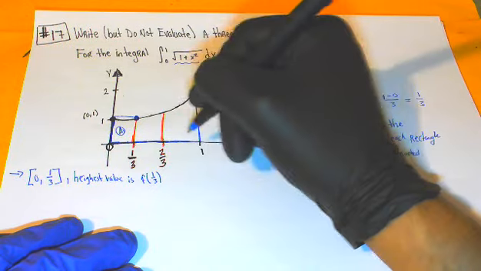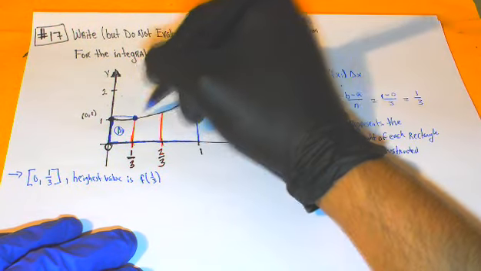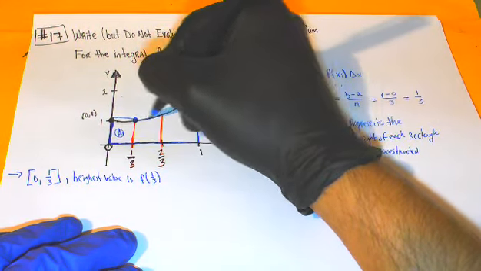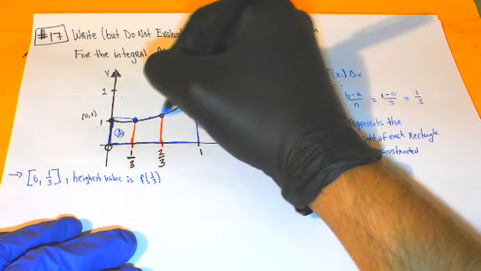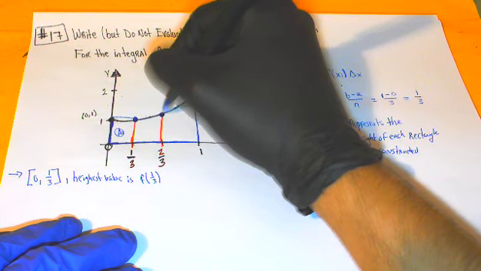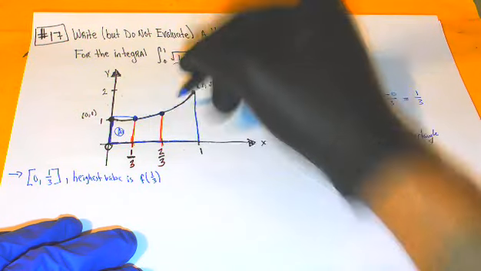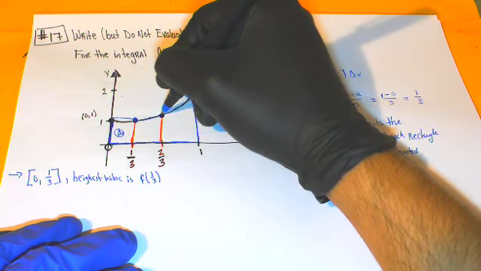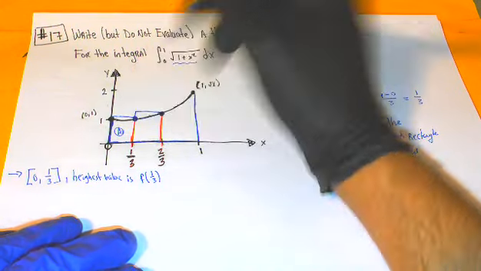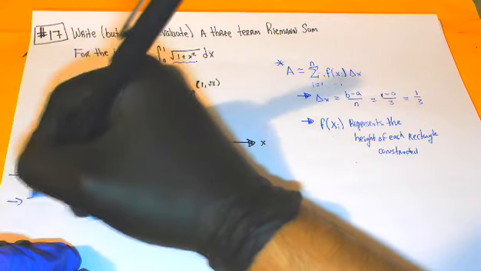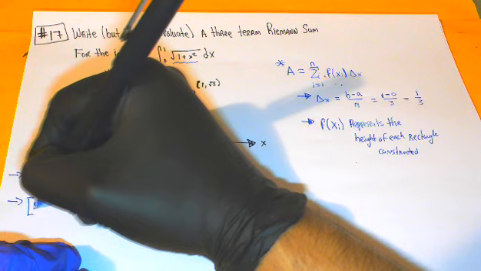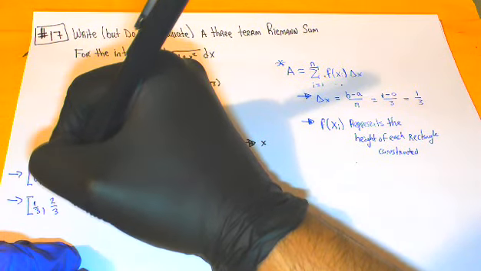Now similarly, from 1/3 to 2/3, because it's increasing, I can use f of 2/3 to represent the height of my second rectangle. So again, this will be from 1/3 to 2/3.